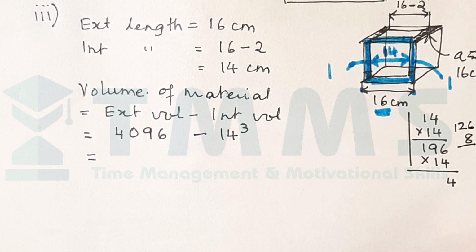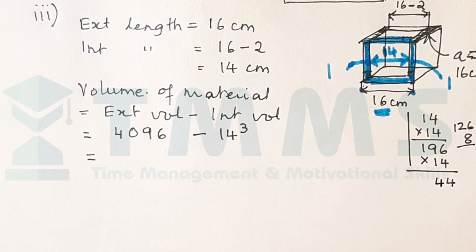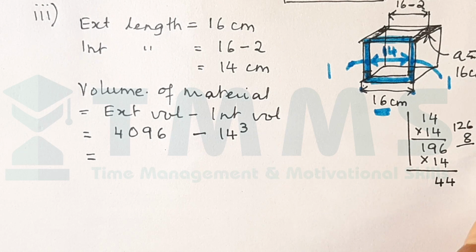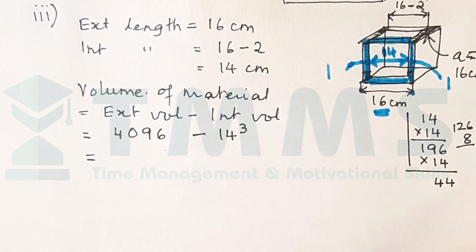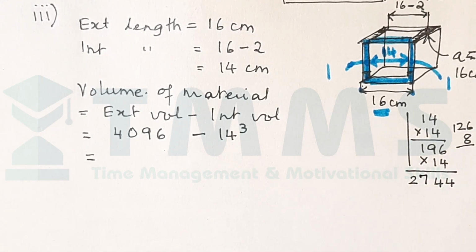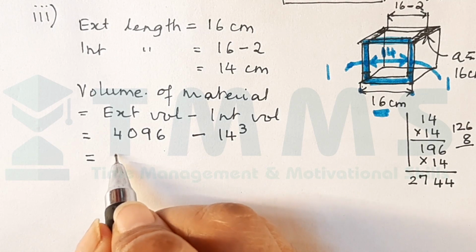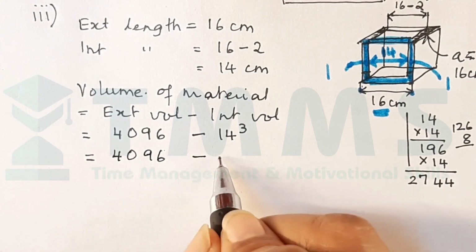And so we add 8 to that, it will become 126 and 8 is 134. So we'll write here 4 and we'll carry 13. So 13 is carried over, 14 ones are 14 and 13 is 27.